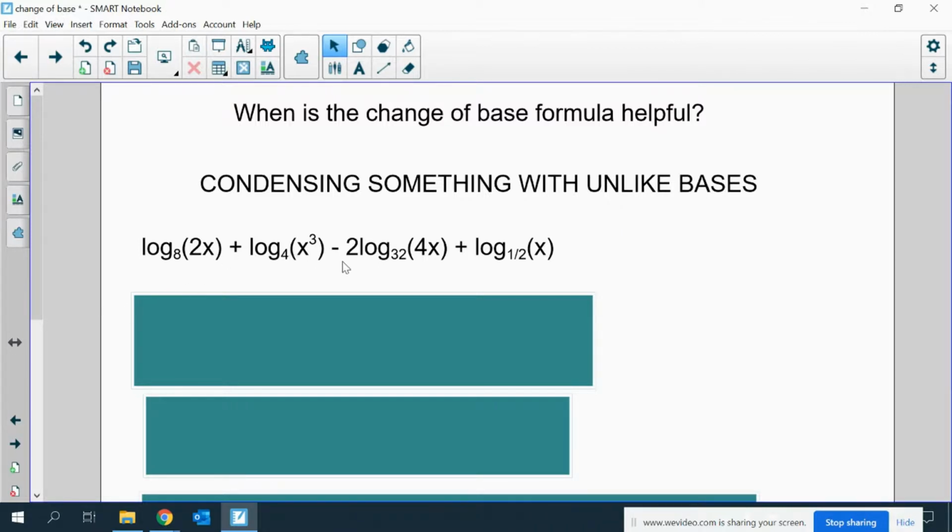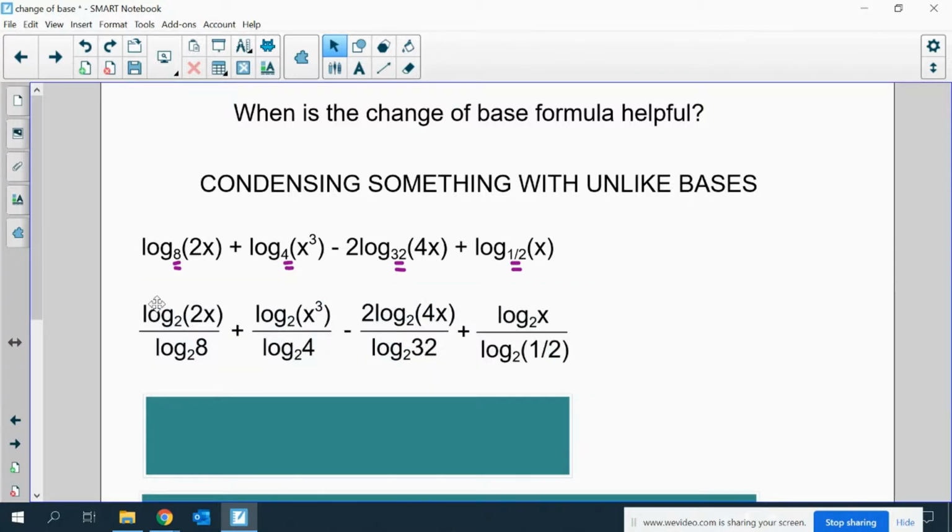So this is one of those problems where we have plus and minus signs, and we really like to combine things. So let's say the problem says condense, and I want to get it into one log. The change of base formula might be helpful because these bases are not the same. The good news is all of these bases are powers of 2, so I might rewrite these as powers of 2.